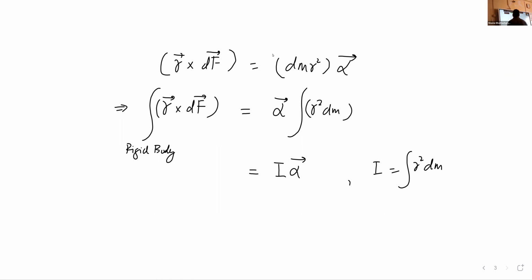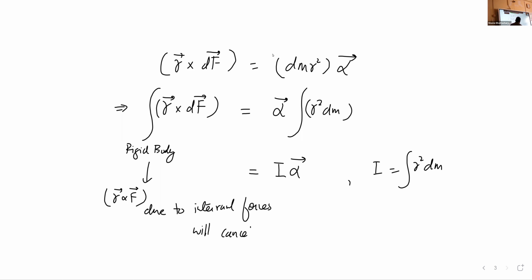Because we are integrating over the entire rigid body, this will tell us that the r cross F due to internal forces will cancel in action reaction pairs.